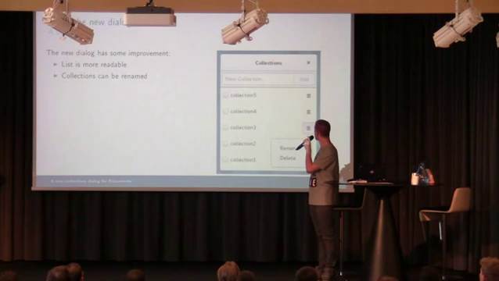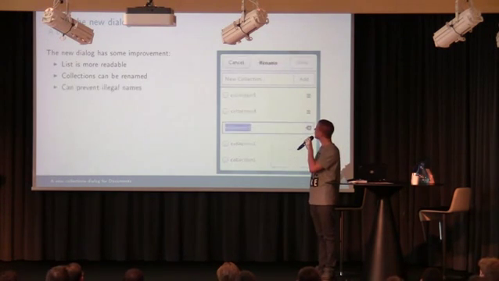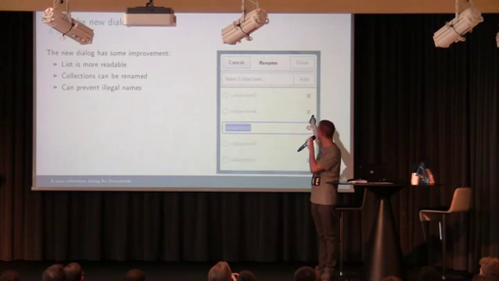You can rename or delete a collection by clicking on the hamburger menu on the right. We can now prevent illegal entries like duplicates by disabling the done button or the add button when we add or name a collection.